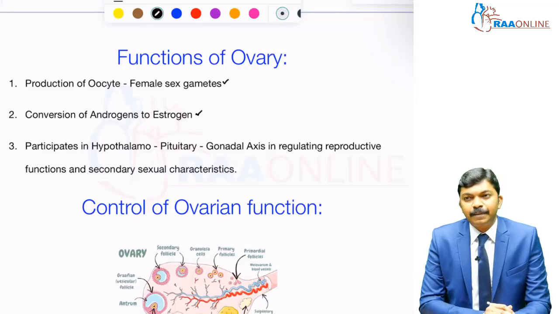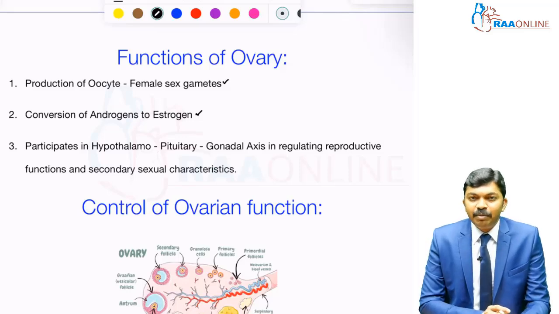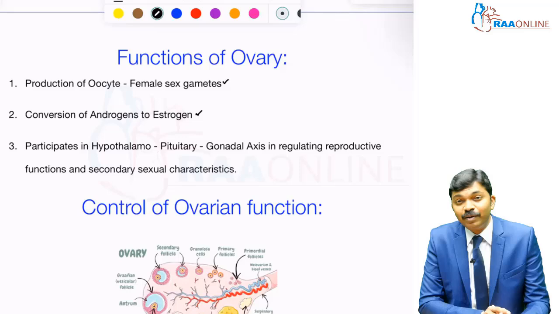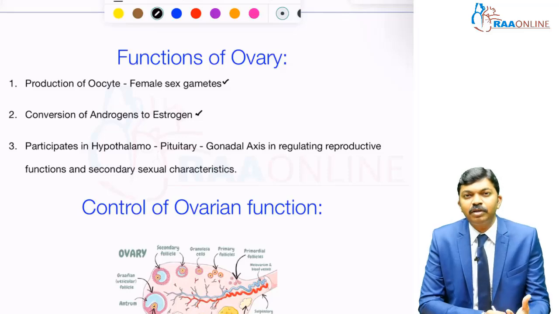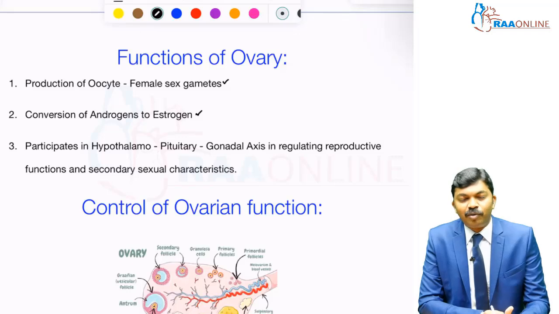Two points here, guys. Number one, the so-called granulosa cells of the ovary don't have the capability to synthesize estrogens straight away. All the estrogens, or in a precise way, the majority of estrogens that get formed in the ovarian stroma are in a converted form.